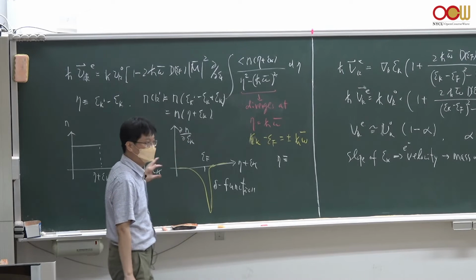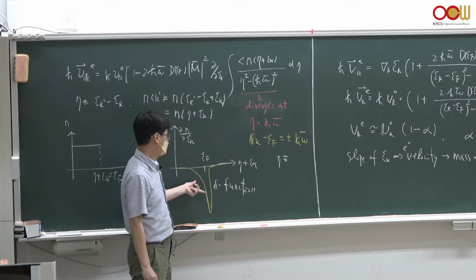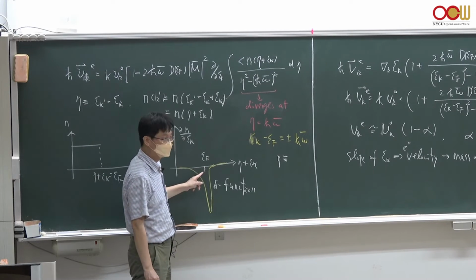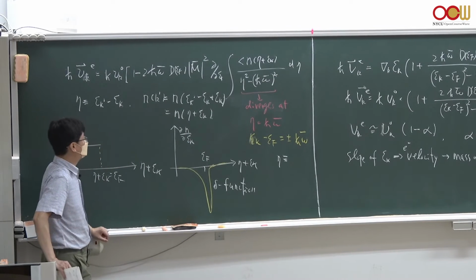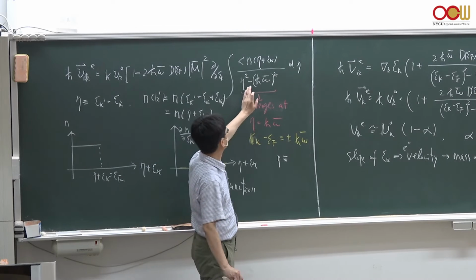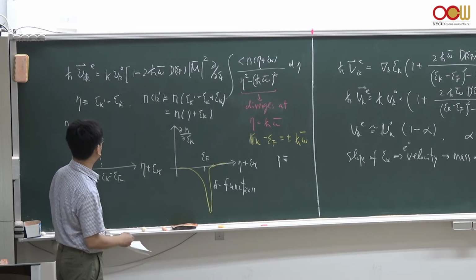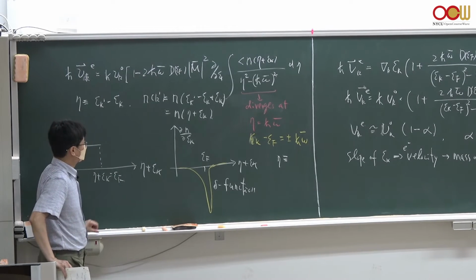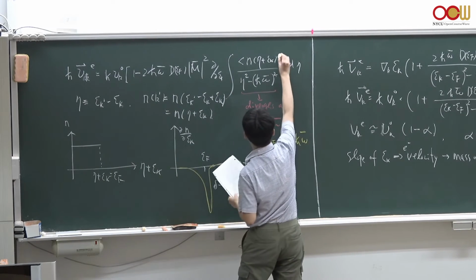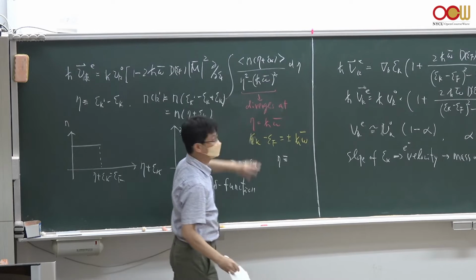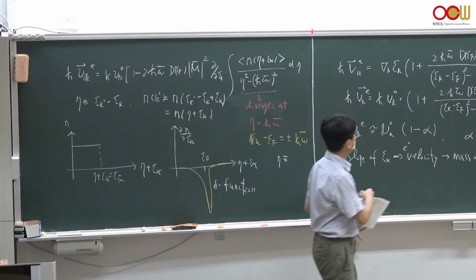So if you take the derivative of this Fermi function, it is known that you get a minus Dirac delta function right at the Fermi energy. We take advantage of this nice property of the Fermi function, plug in the properties of the Dirac delta function when we take the derivative of the Fermi function with respect to epsilon k, and evaluate the integral combined with the Dirac delta function, and you get this result.